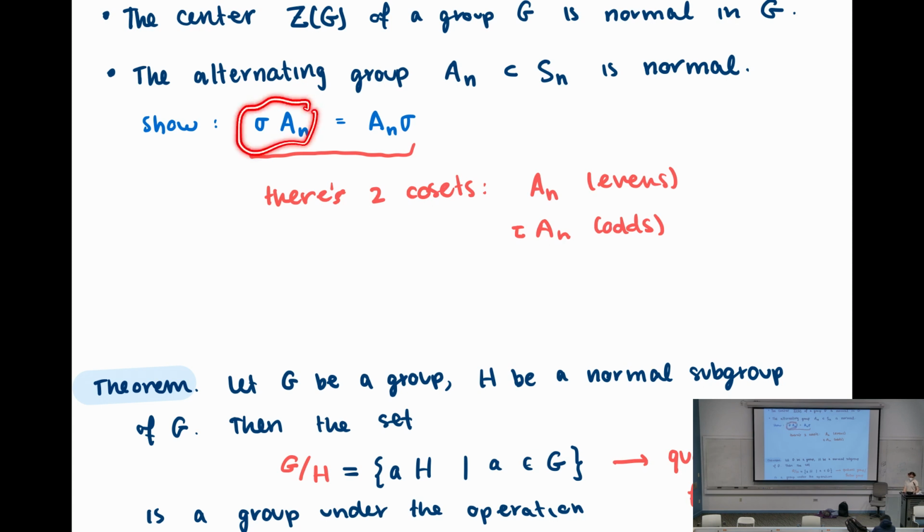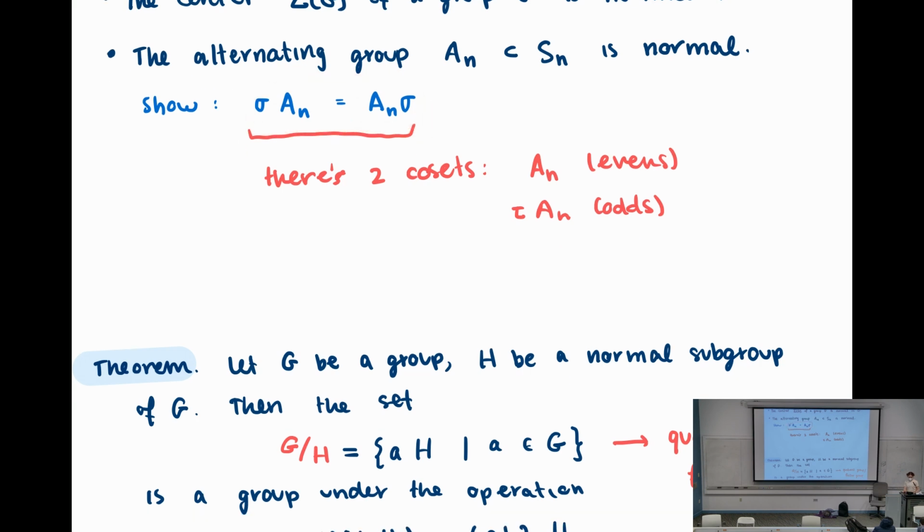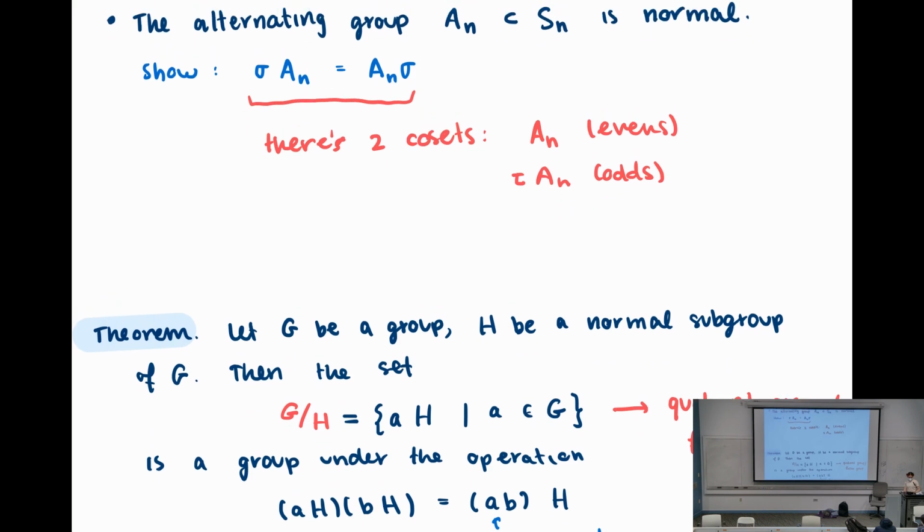So for each of these two things, whatever sigma is going to be equal to one of these two things. And if sigma is even, then this will be evens. And if sigma is odd, then this will be odds. So since there's only those two choices, and the parity doesn't depend on if I multiply sigma first or last, these two have to be equal. Okay, so that's a quick proof of why this is normal.